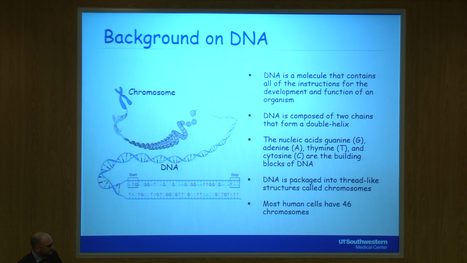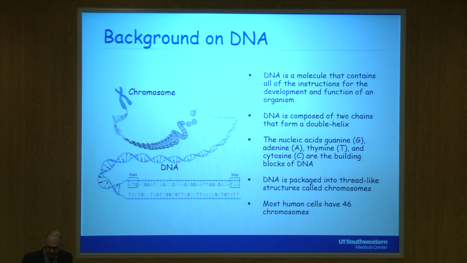So DNA is a molecule that contains all the instructions for the development and function of an organism. It's composed of two chains that form a double helix, and each strand of this molecule is made up of the building blocks G, A, T, and C. So A on one strand pairs with T on the other, whereas G on one strand will pair with C on the other strand.